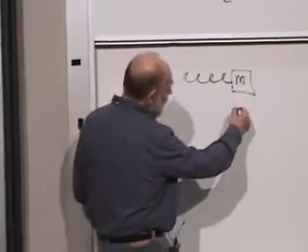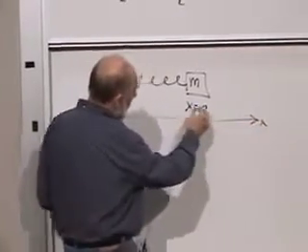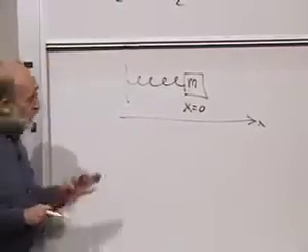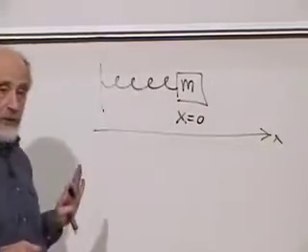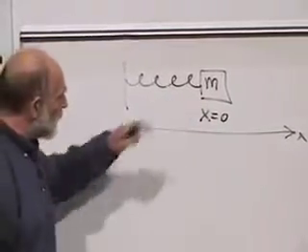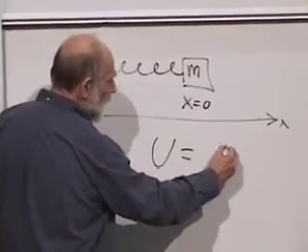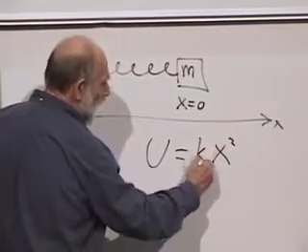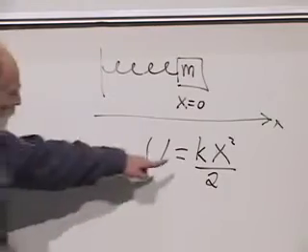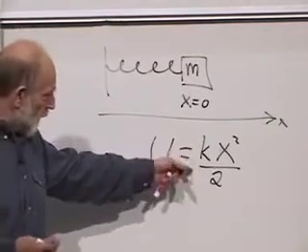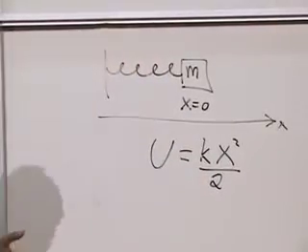If we call x equals 0 the equilibrium point, in other words, let's call this the x-axis, and take x equal to 0 at the equilibrium point, then we have to do some work to stretch it, we have to do some work to compress it, and the potential energy is proportional to x squared. The potential energy in this case is proportional to x squared with a constant coefficient k, and it's conventional to put a 2 there. This is called the spring constant. The spring constant, kx squared, and by convention, we put a 2 there.